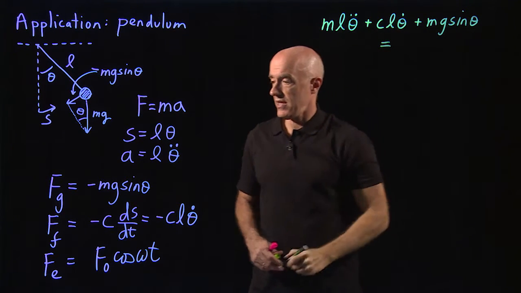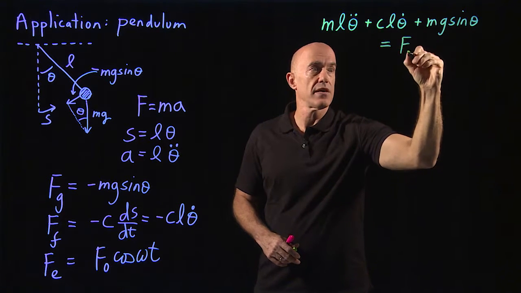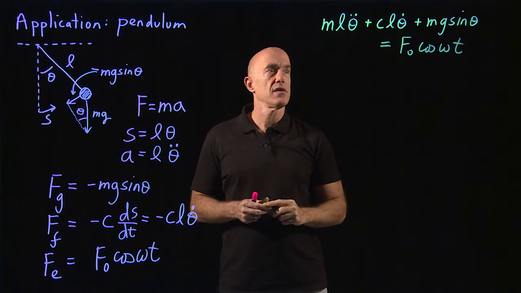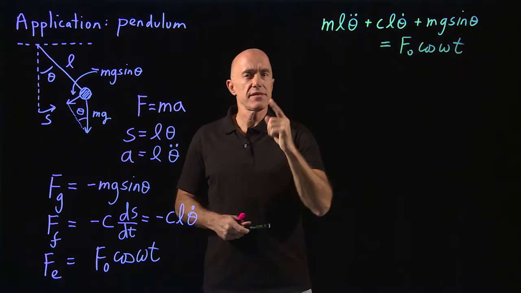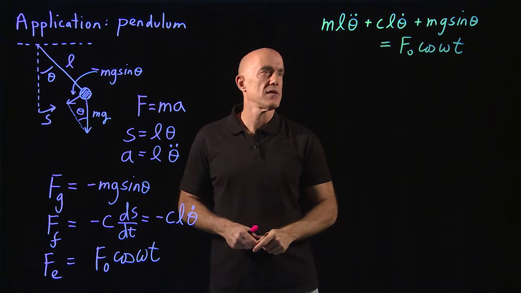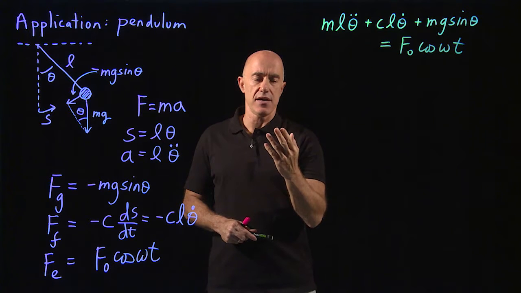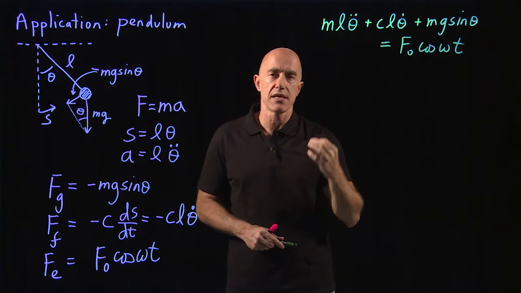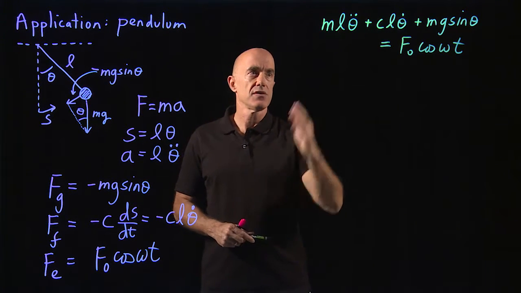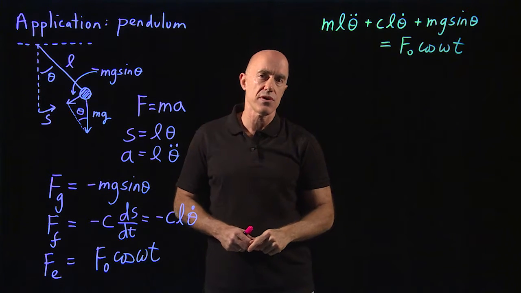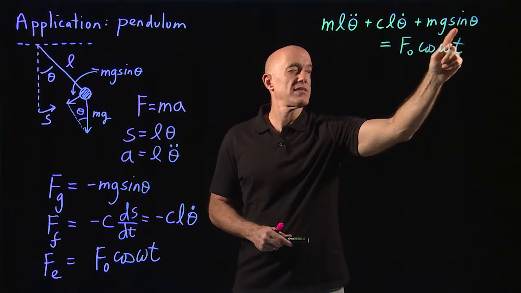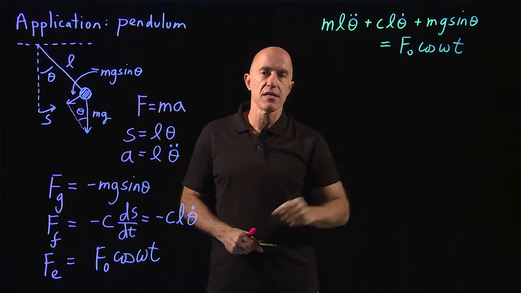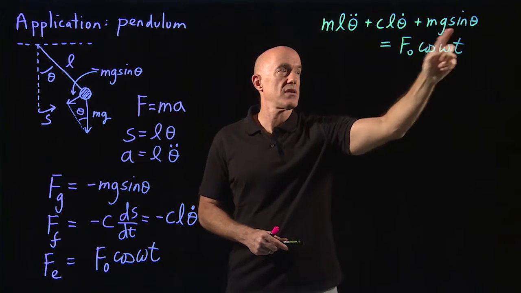And that's equal to the external force, which is F naught cosine omega t. So that's our second order differential equation. But this is different than the previous two cases. In the previous two cases, the LRC circuit and the mass on the spring, the modeling resulted in a linear differential equation. So every term was proportional to theta or its derivatives. Here we have a sine theta term, not linear in theta. So this is a nonlinear equation.